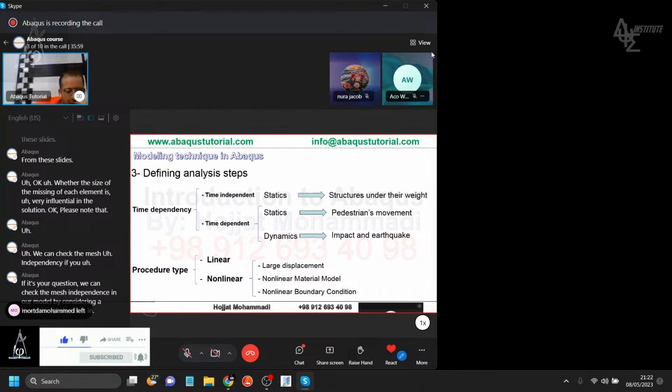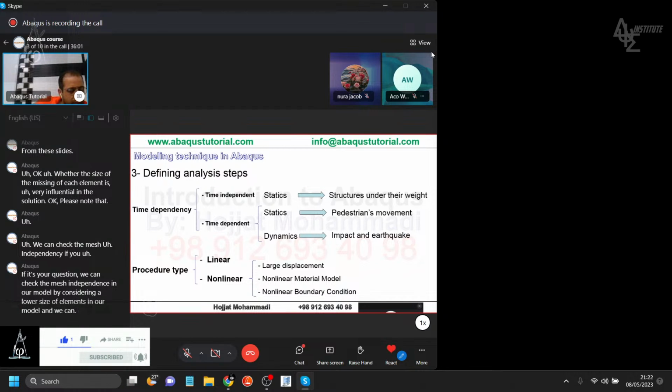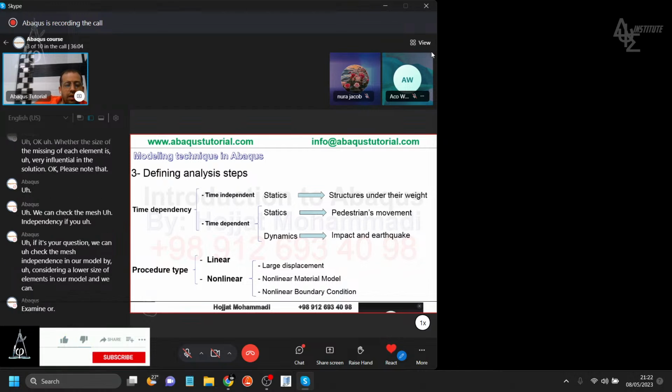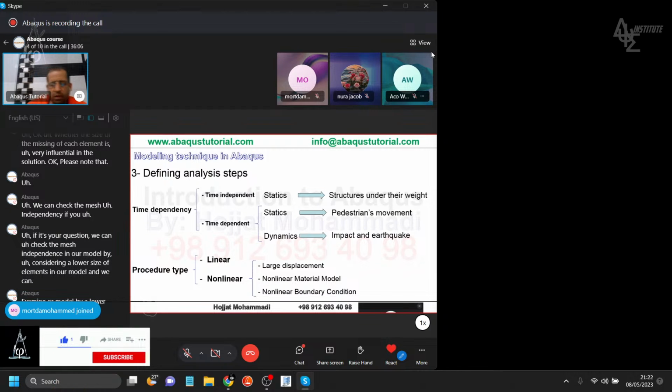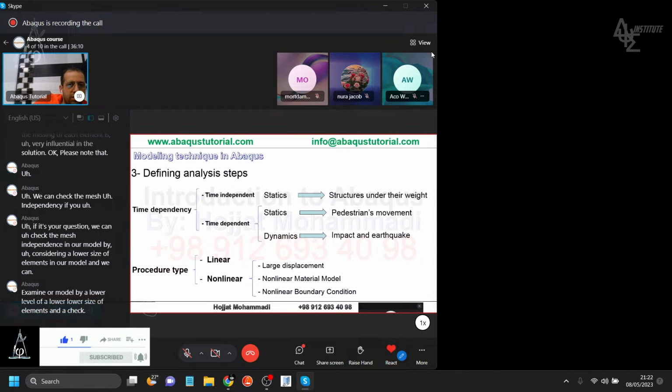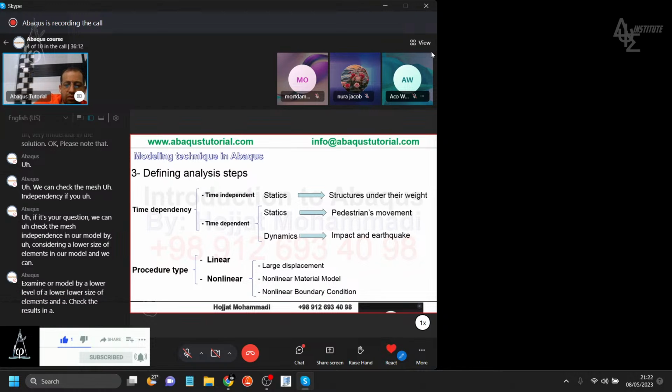We can examine our model by a lower size of elements and check the results in a specific region which we aim to.